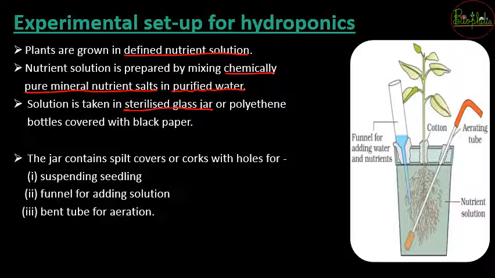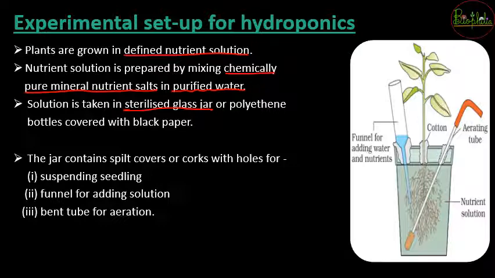The plant needs to divert its roots in find of different nutrients, but here you are going to provide direct nutrients what the plant needs. So it is going to be a very favorable condition for other organisms to grow in that particular solution.